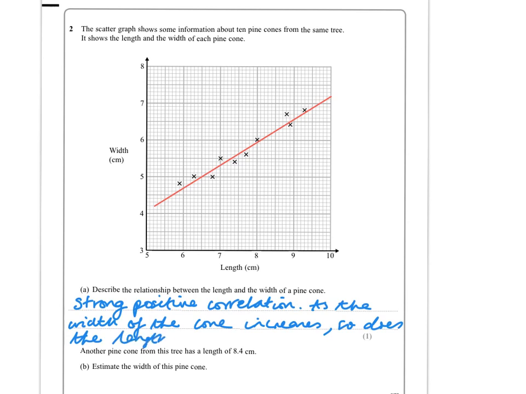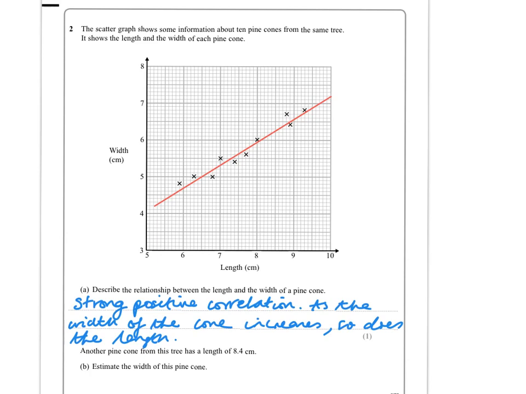It's probably the same really to say as the length increases, so does the width. But it's an upward trend anyway, and it's a strong positive correlation, as opposed to a weak positive or a weak negative or strong negative.